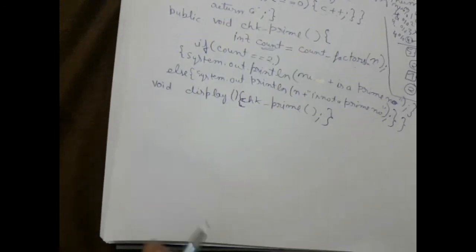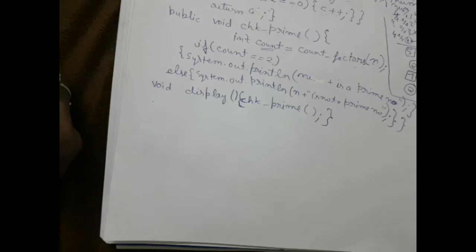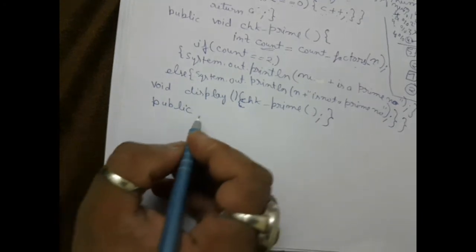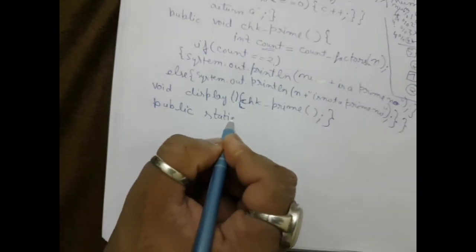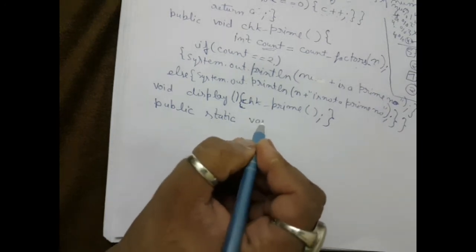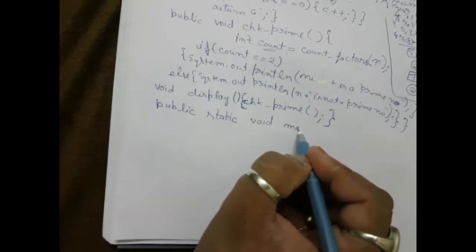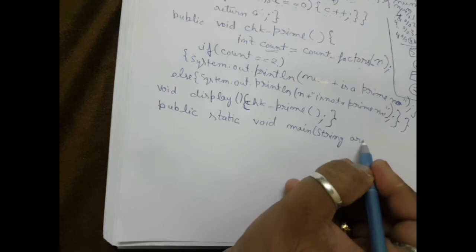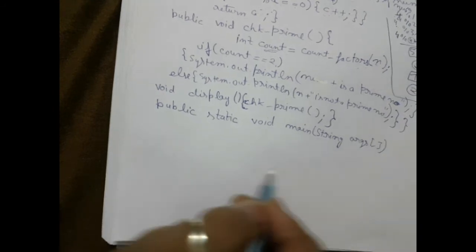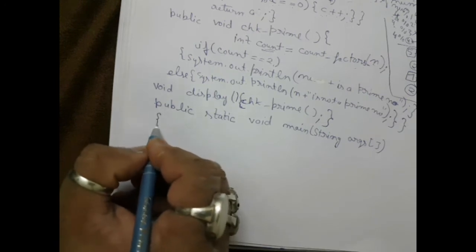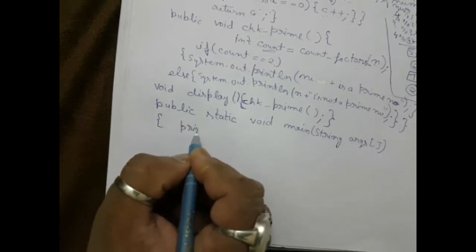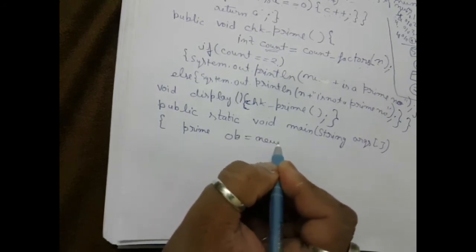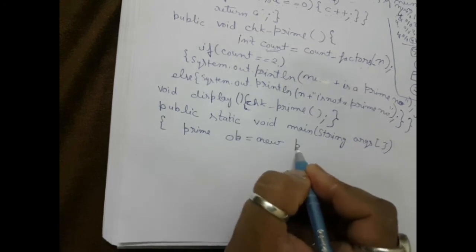After that, students, I write public static void main function is here, and then we create the object of this class, Prime ob = new Prime.